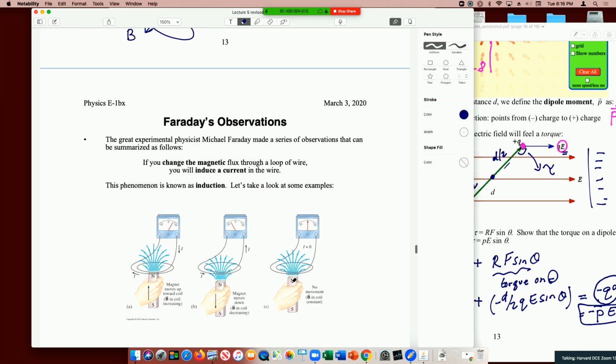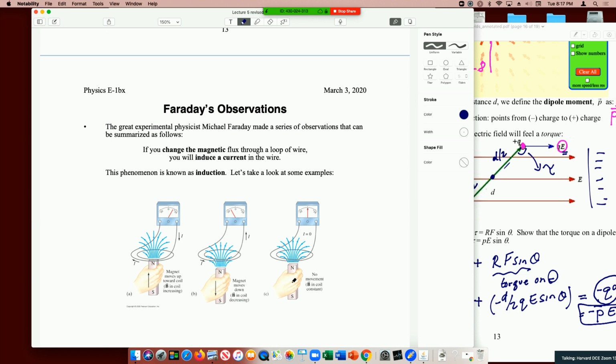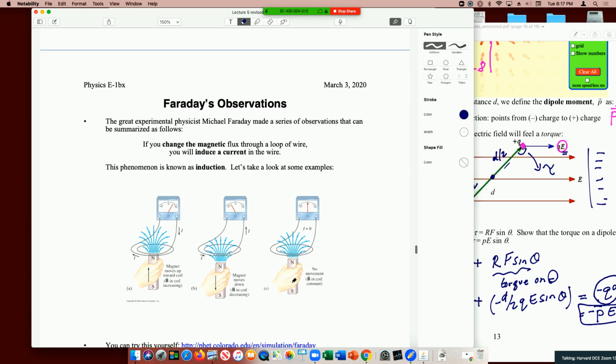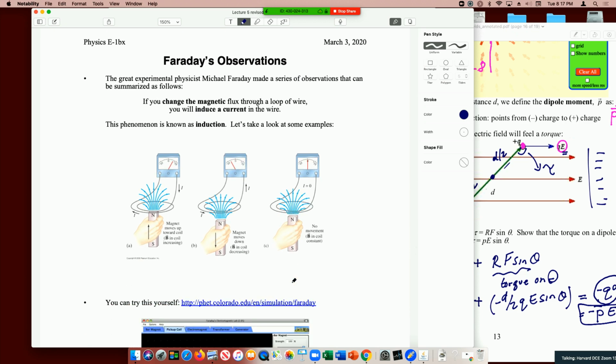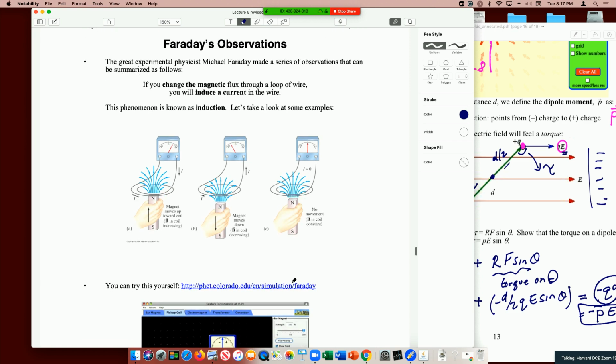So there are two topics left to discuss, and they're intricately connected. The first is Faraday's law. What Faraday's law says is if you have a change of flux through a loop, you can induce a current in the wire.